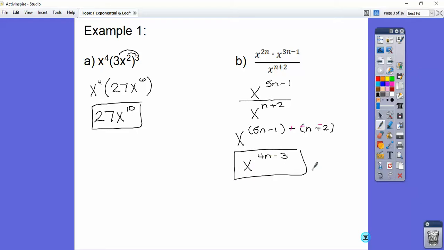So we get x to the 4n minus 3. Any questions on those?